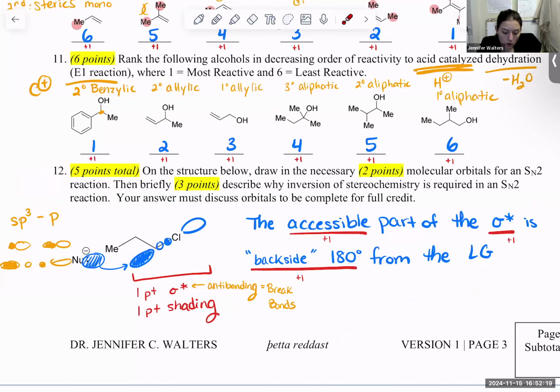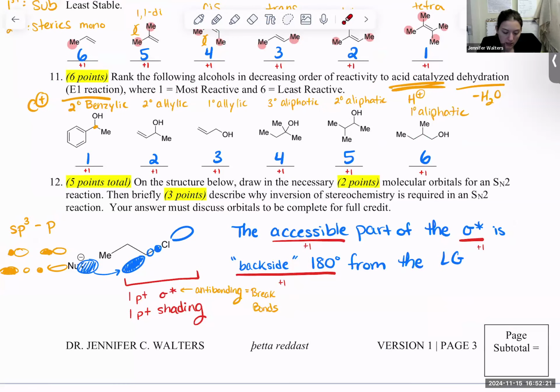For the open-ended word part, the rationale as to why we see inversion of stereochemistry is because the accessible part of my sigma star is on the backside, or 180 degrees from that leaving group.